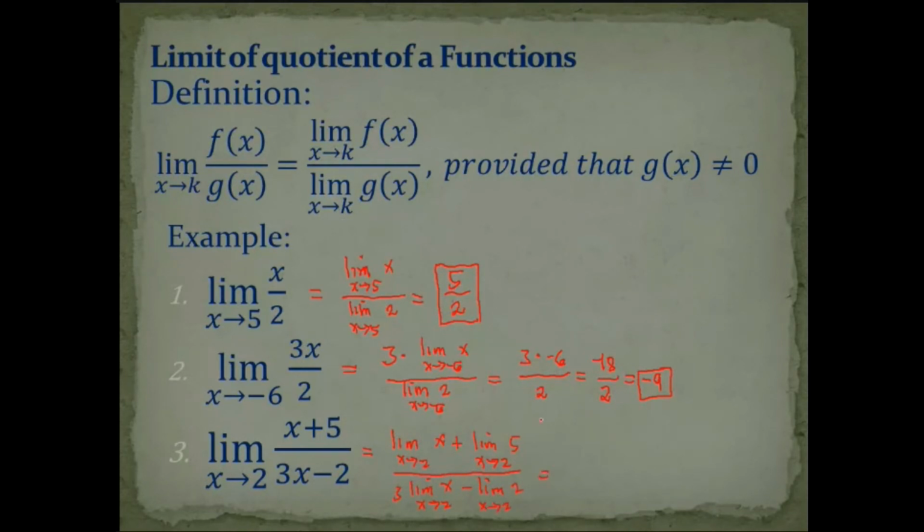So yung first term, second theorem. Second term, first theorem. Ito naman, third theorem, first theorem. So ito yung magiging 2 plus 5 all over 3 times 2 minus 2. Simplify. 2 plus 5 is 7. And then 3 times 2 is 6. 6 minus 2 is 4. That's why the correct answer is 7/4.